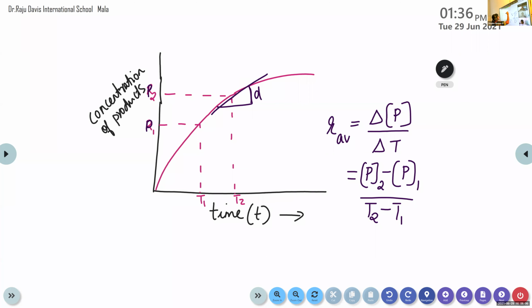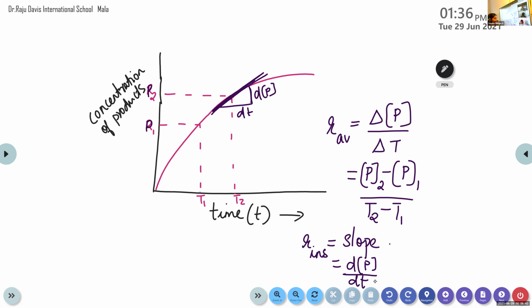Here it is dP, this one is dt. Here also this instantaneous rate can be calculated using the slope method. This one is considered as the slope, that is equal to dP by dt.